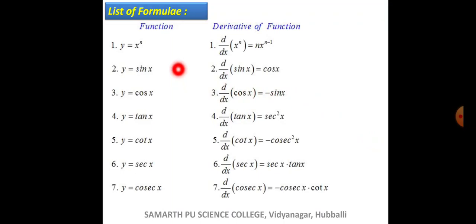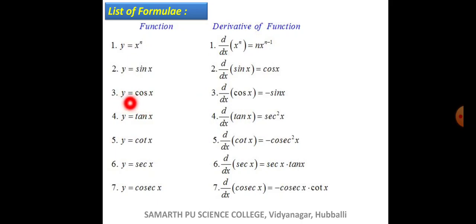Here we have a function column as well as a derivative of the function. If y equals x to the power n is a function, the derivative is d by dx of x to the power n equals n into x to the power n minus 1. And also we proved y equals sin x, then d by dx of sin x equals cos x.